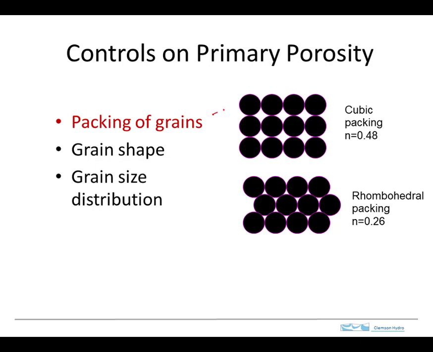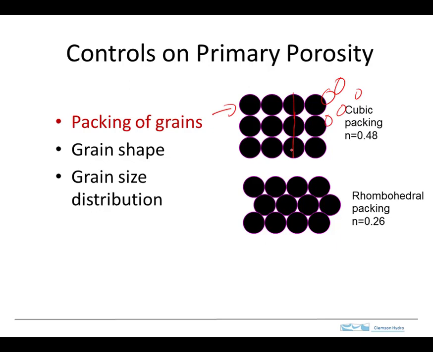If we take some grains that are all the same size and all spherical, then one way that we could arrange them is shown here, and you can imagine that if this was 3D and they're rows like this, then this would be a packing where the grains are all lined up one on top of another.